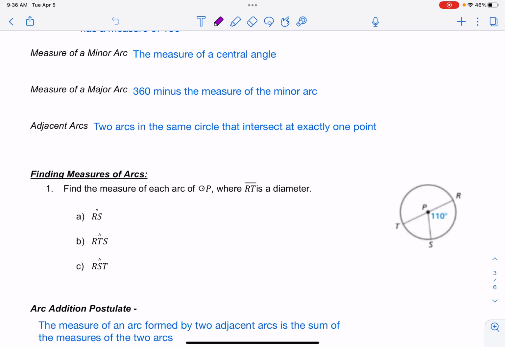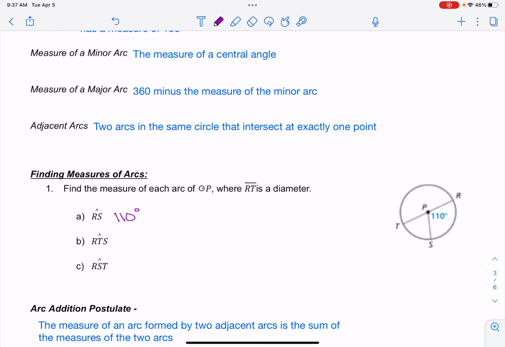So first they want us to find arc RS. So arc RS is going to be right here. And the measurement of that arc is going to be the same measurement of this angle, which they told us is 110. So RS is 110 degrees.